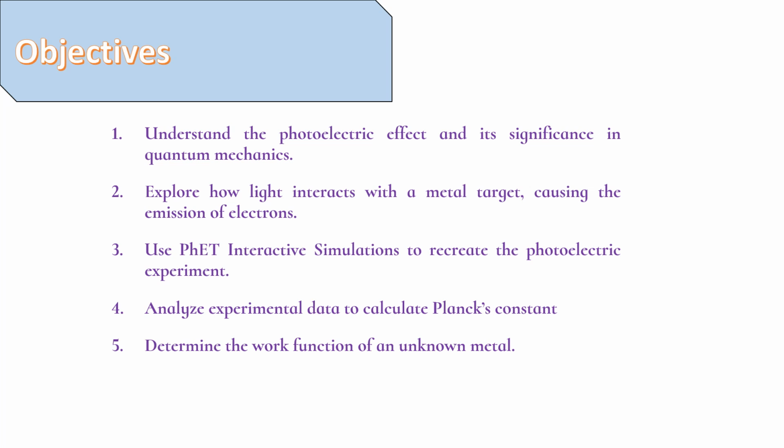Number three, learners should be able to use PhET interactive simulations to recreate photoelectric experiments. And four, learners should be able to analyze experimental data to calculate Planck's constant. Remember, Planck's constant is a constant, but we should be able to verify or determine it experimentally at the end of this exercise. And lastly, learners should be able to determine the work function of known or unknown matter.